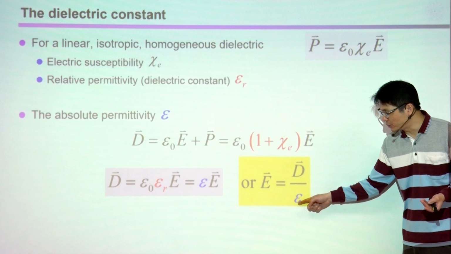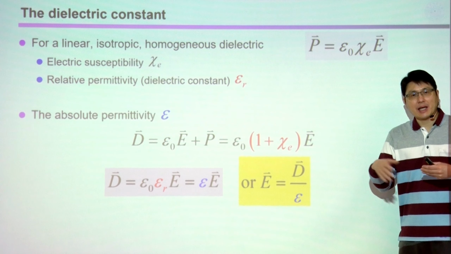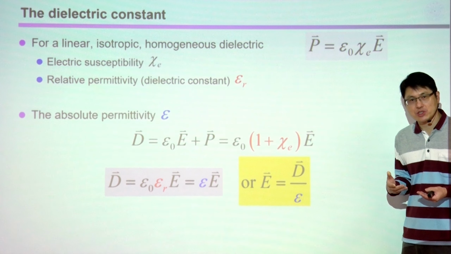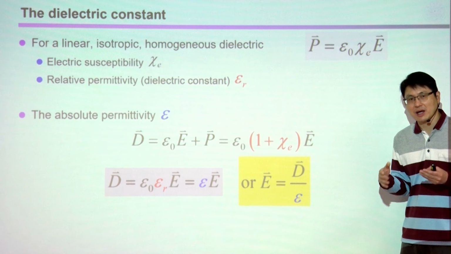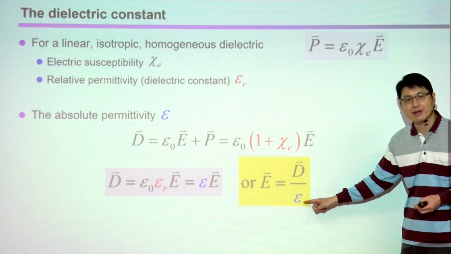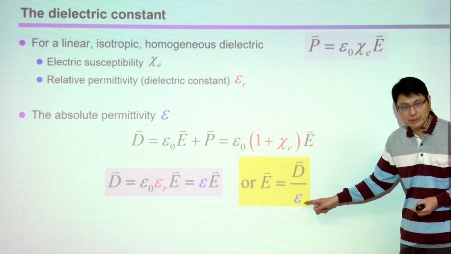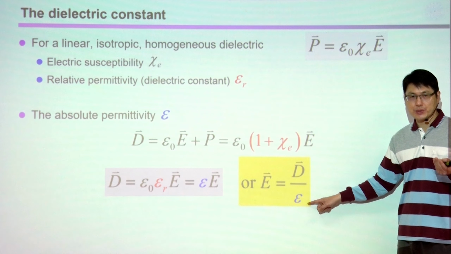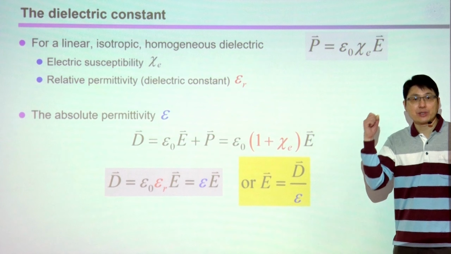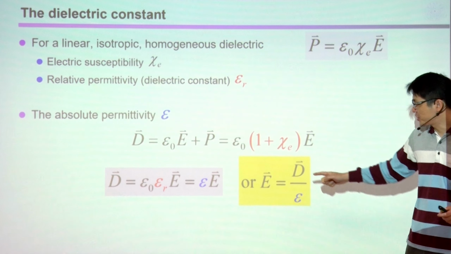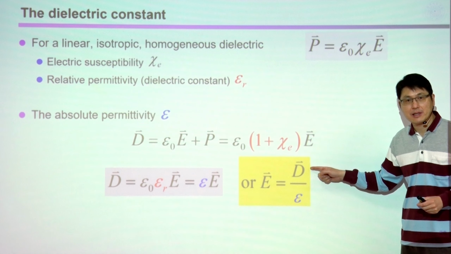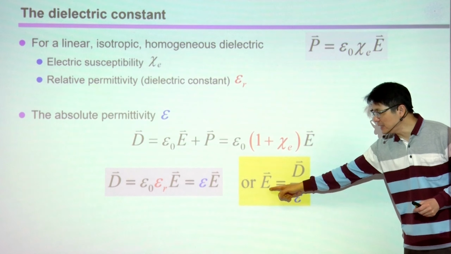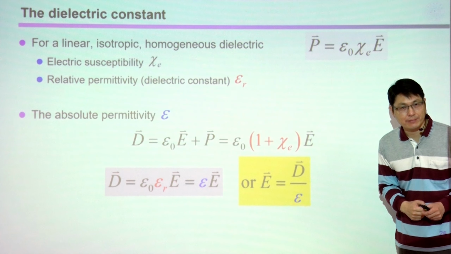If you have a material very capable of producing induced charge density, induced dipoles, then you have a very high epsilon value. And the sole purpose of having induced electric dipoles is to counteract your externally applied field, and therefore making the E intensity weak, right?